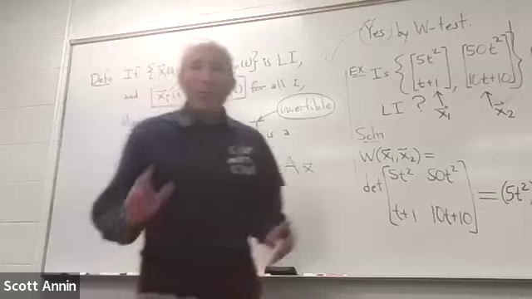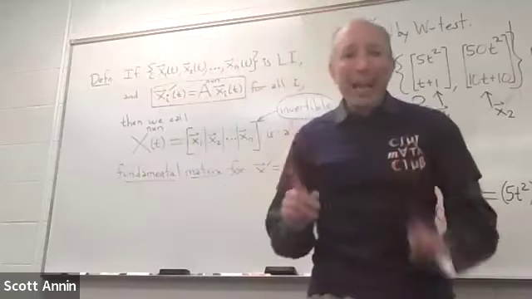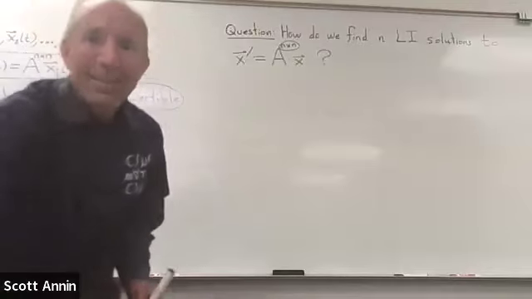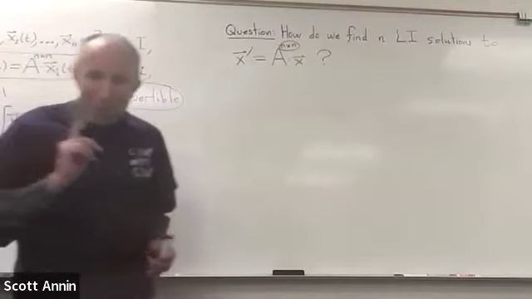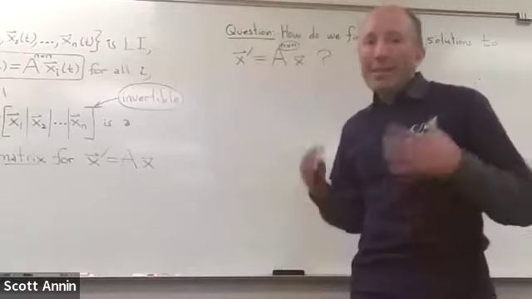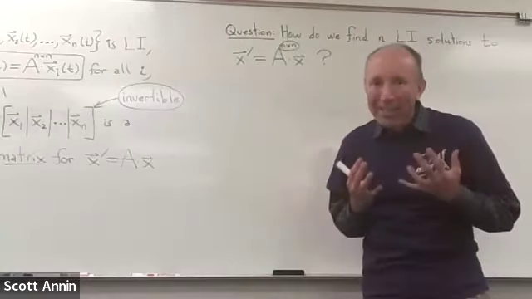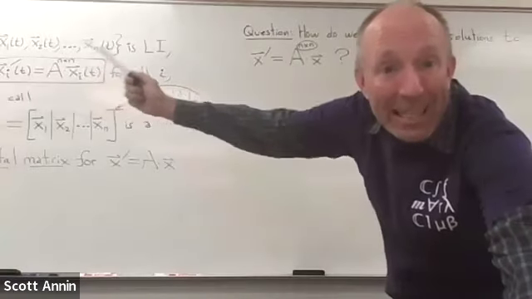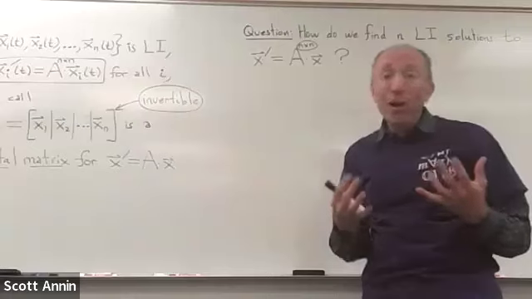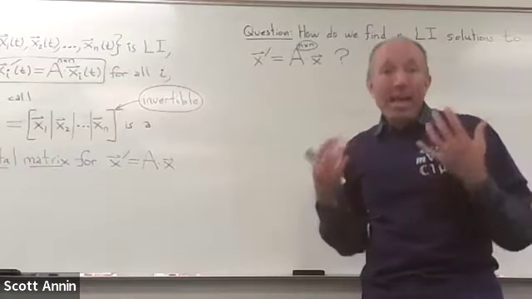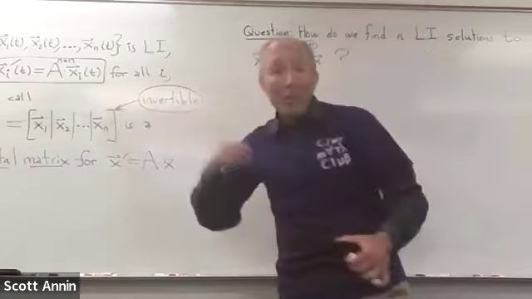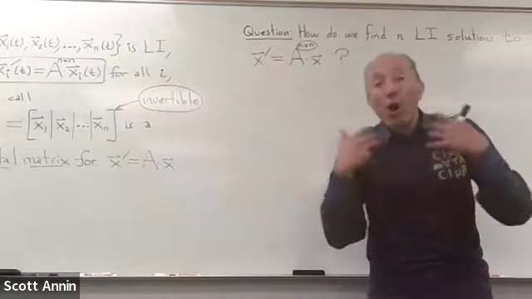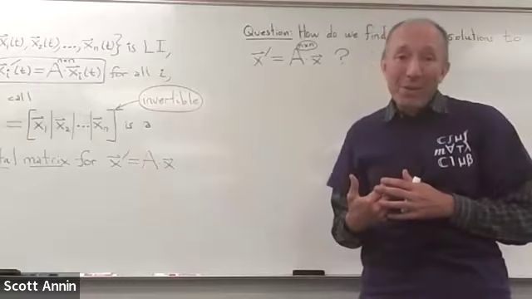Okay, so I want to finish this video now with one last question and answer for you, and this is a natural one to be asking at this point. We've just said that if we can find n linearly independent solutions to our linear system, they will form a fundamental matrix for us, and they will be a basis for all of the solutions to that linear system.